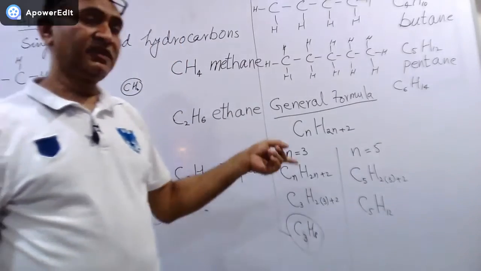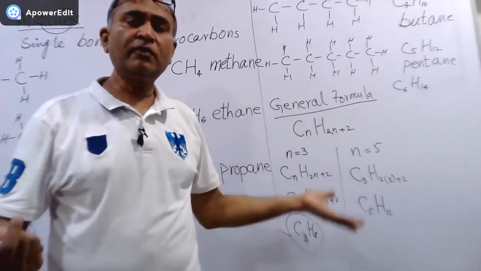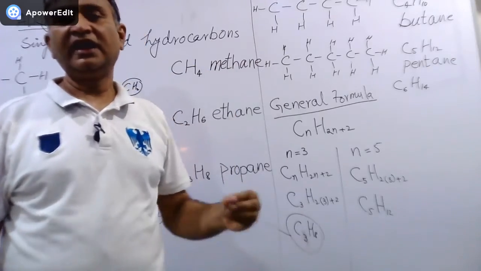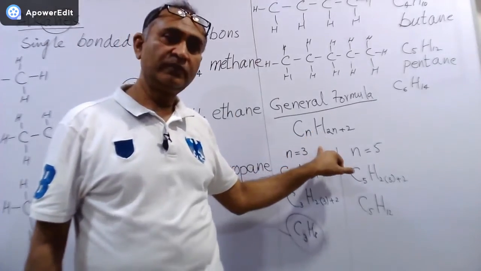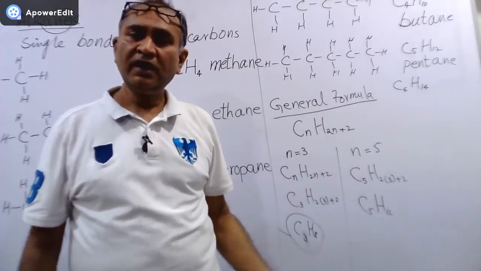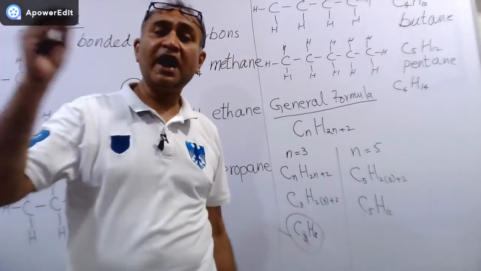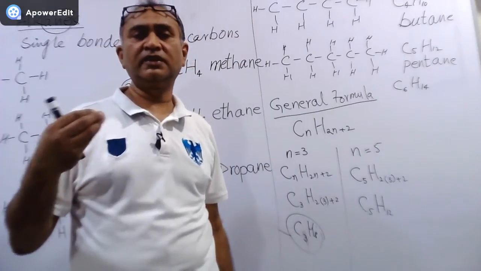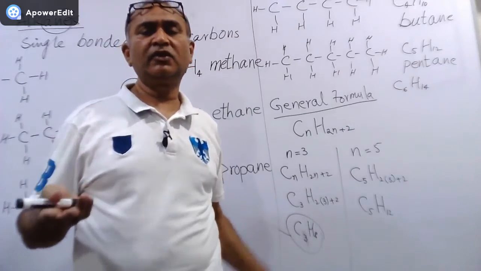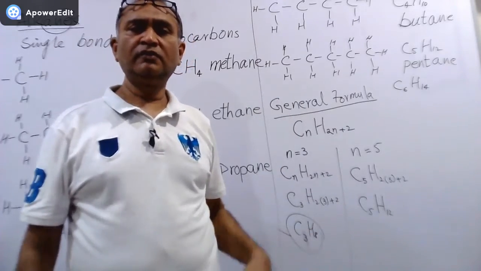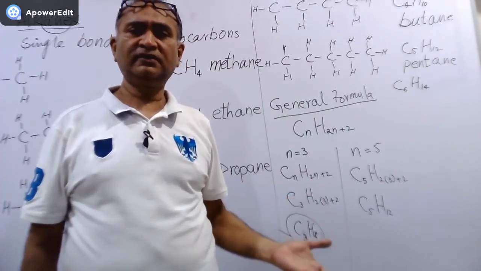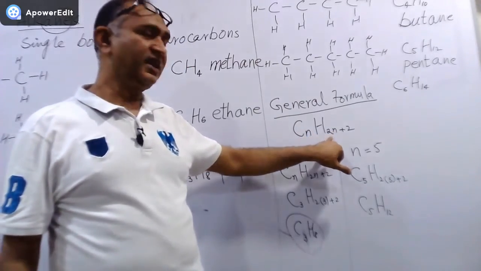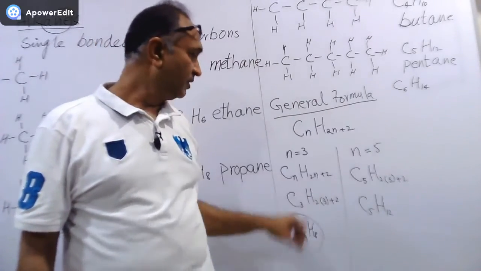And what is the general formula of alkanes when someone asks? CnH2n plus 2. What is the use of this formula? If you want to know how many hydrogens are associated with the corresponding carbon, you can find out. Suppose you have 4 carbons. Now substitute the value. 4 twos are 8 plus 2, 10.